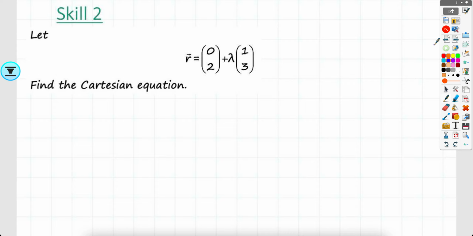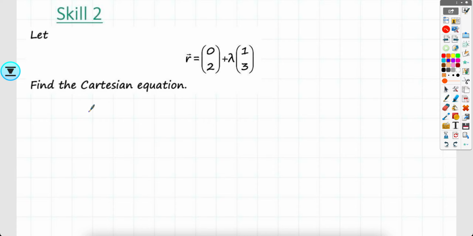This time we're reversing it. Obviously it's the same points, but we're going to reverse it. This time I have the line in vector form, and I need it in Cartesian form. So Cartesian form would be your normal y equals mx plus c form. In order to do that, you can change the vector form to parametric, then Cartesian, and then rearrange it to gradient intercept form.